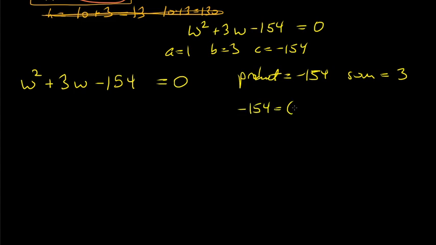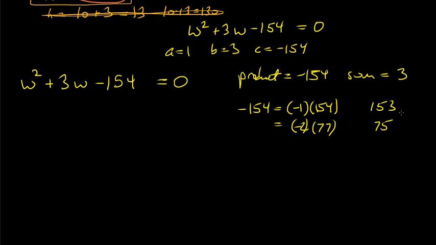Right. So it's obviously not going to be negative 1 and 154 because that adds to 153. It's not going to be negative 2 and 77 because that's 75. Yeah, just making sure.